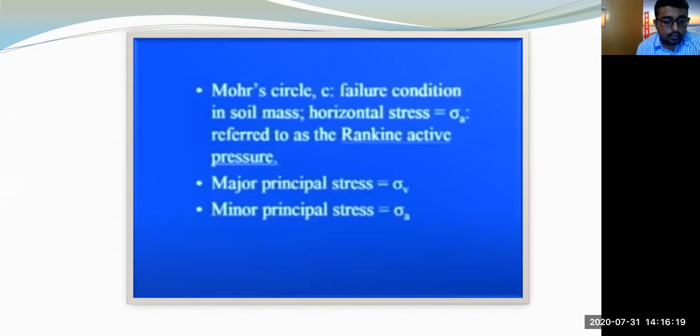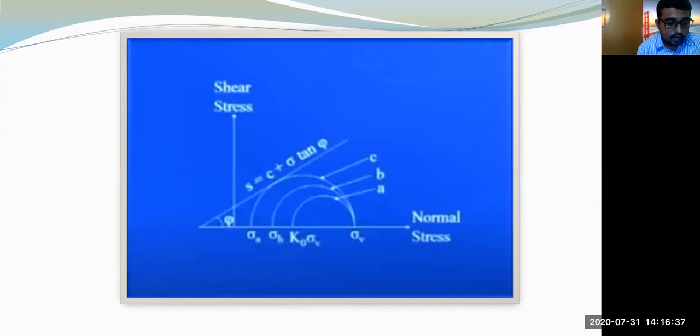So you see, this is the failure condition in the soil mass. The corresponding horizontal stress is sigma A. A stands for active condition, that is referred to as Rankine's active pressure. Now you can see in the Mohr circle two extremes, one extreme corresponding to major principal stress and another extreme corresponding to minor principal stress.